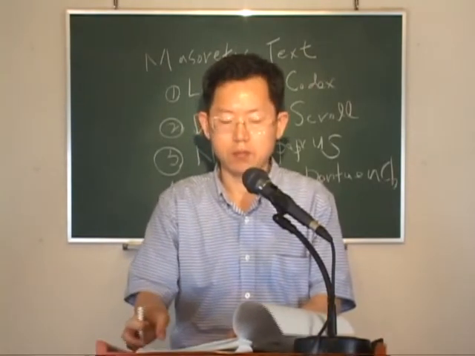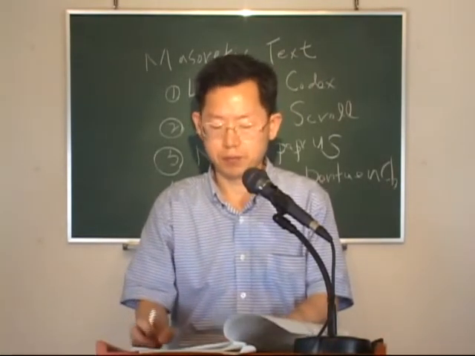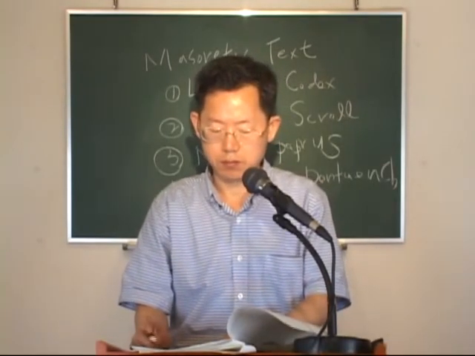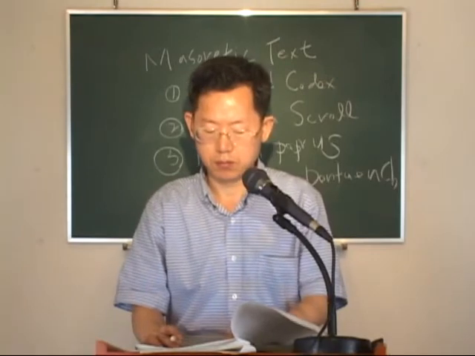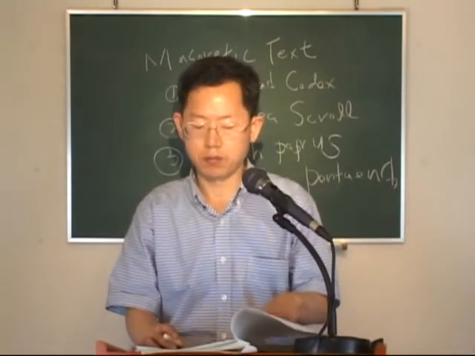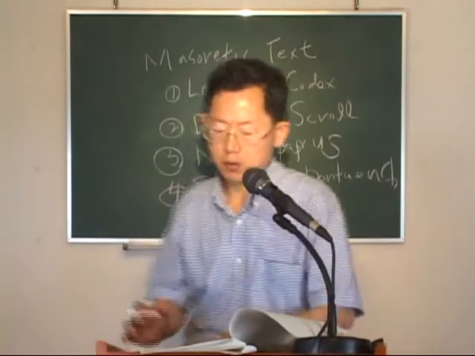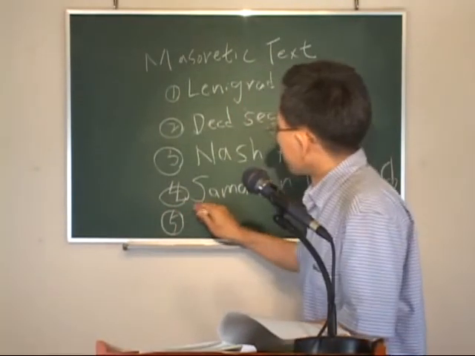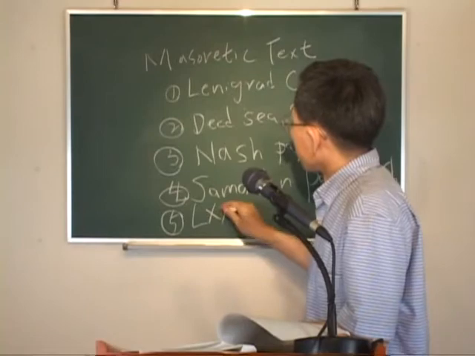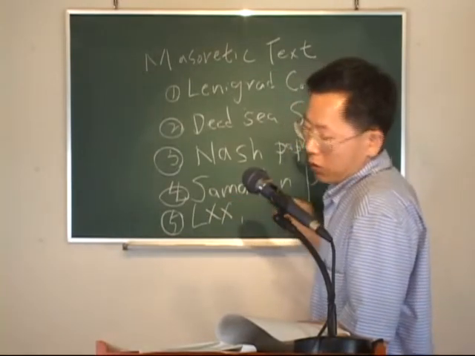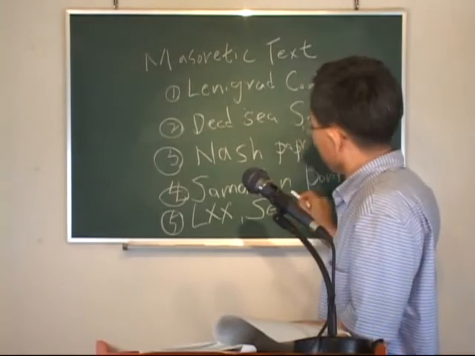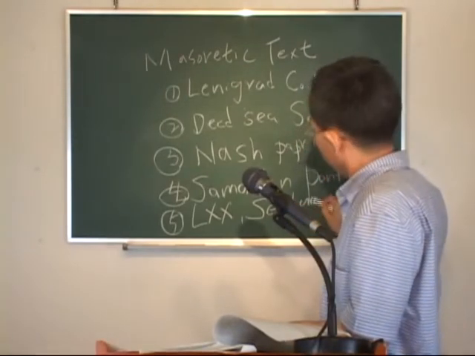Until now, we have studied how the Old Testament Bible was formed, how it was preserved and passed down, and the different types of copies that come as a result.